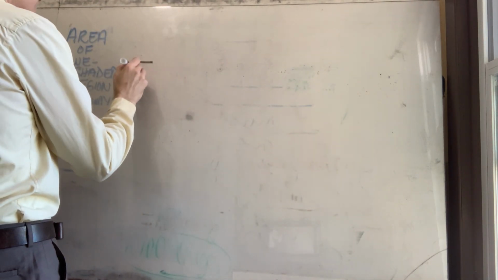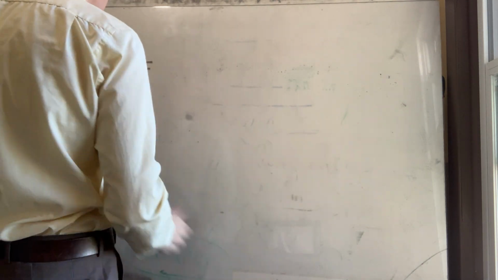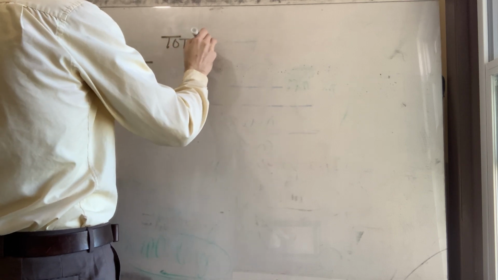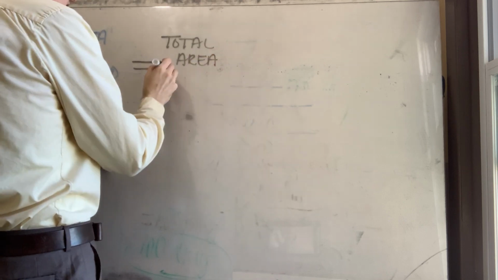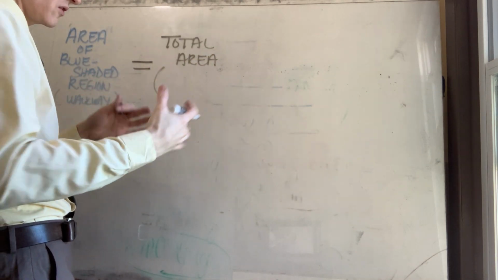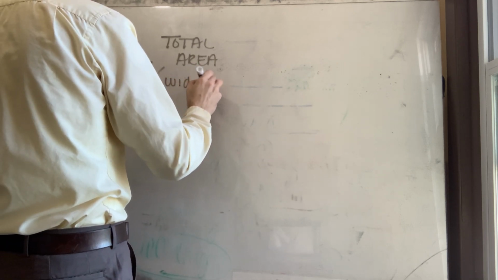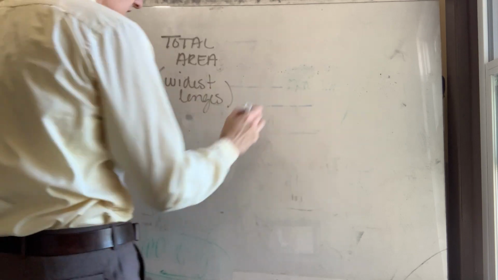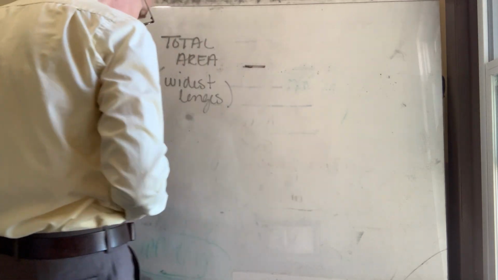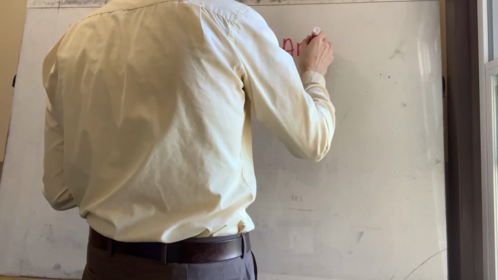It should be equal to a total area that is basically the area of the widest perimeter minus the area of the house.